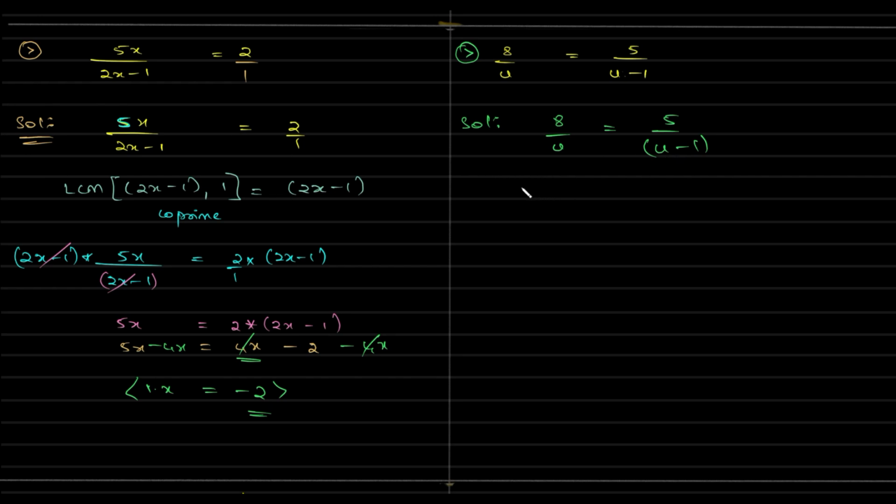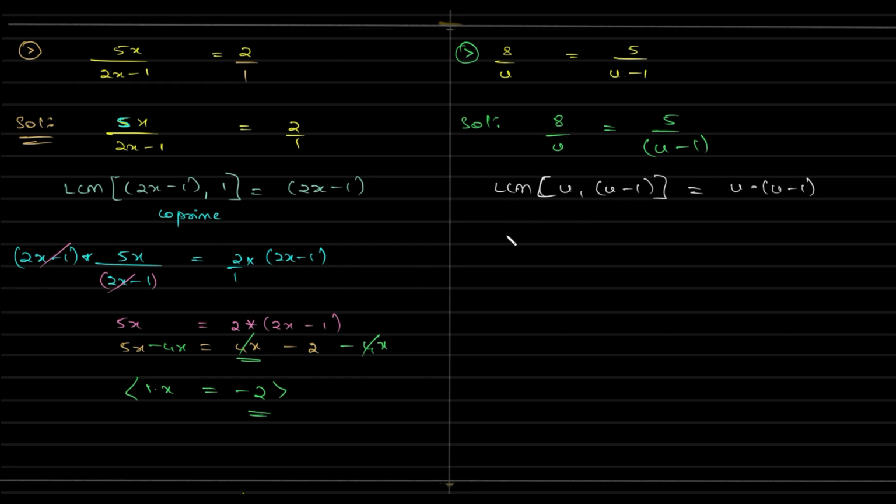So what to do? What is the funda? You need to take the LCM of u and u minus 1. So whenever anything is complicated, what should you do? Just take the product of that particular set of terms and that is your LCM.